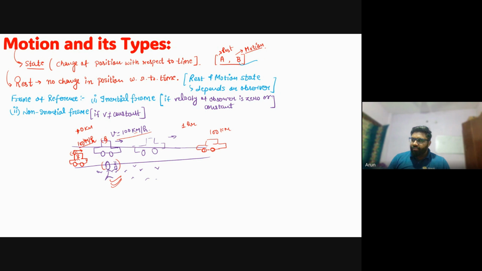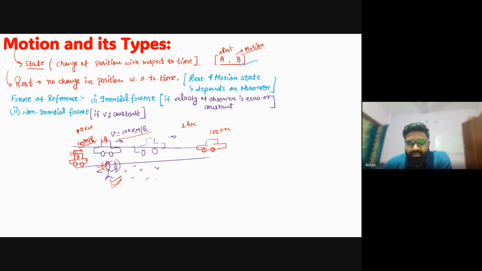Now you look at that person, you roll down your window, you take a look at that person. Is that person changing position with respect to time or not? Tell me. With respect to you, does the position of that man or woman standing on the ground right here change?